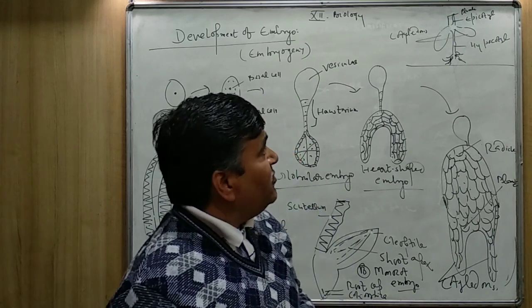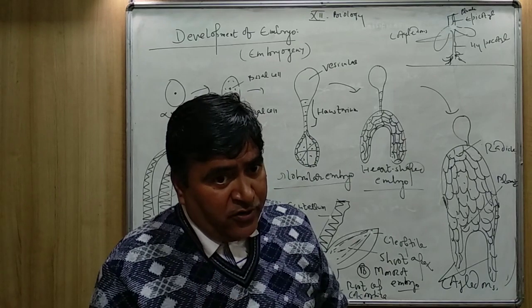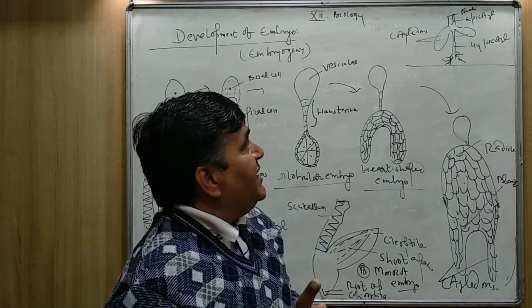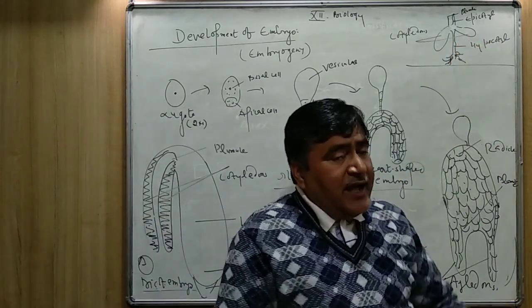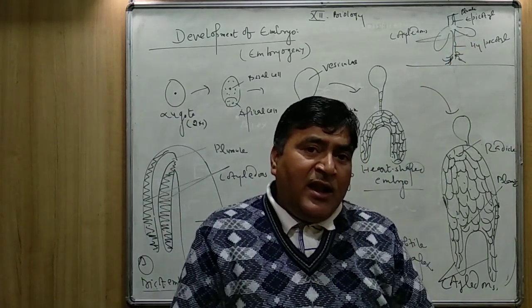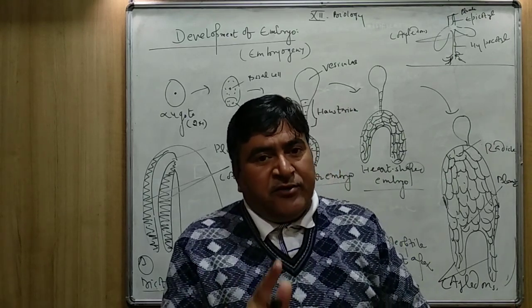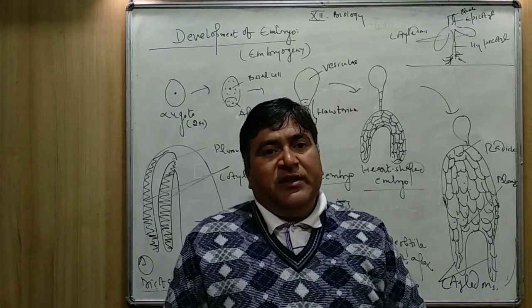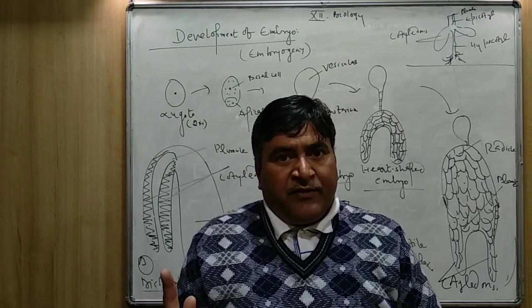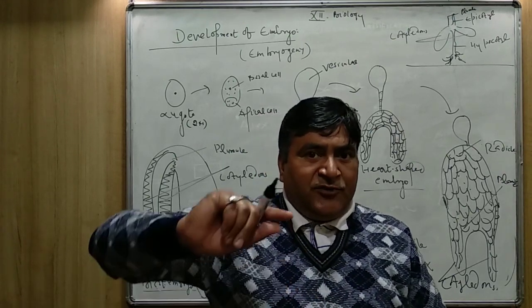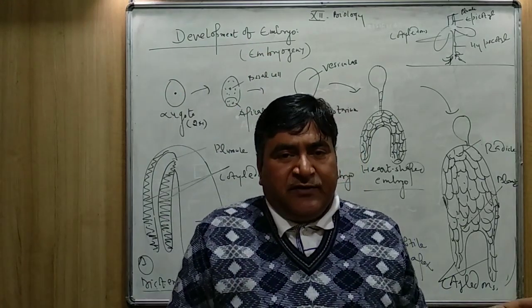Each embryo has mainly two parts, as I told you: the cotyledons and the embryonal axis. The embryonal axis is further divided into the radicle and plumule. The radicle gives rise to the root system, and the plumule gives rise to the shoot system, that is stem and leaves, and cotyledons store the food material.